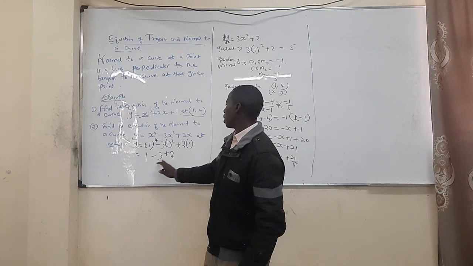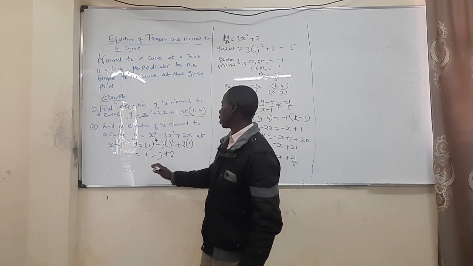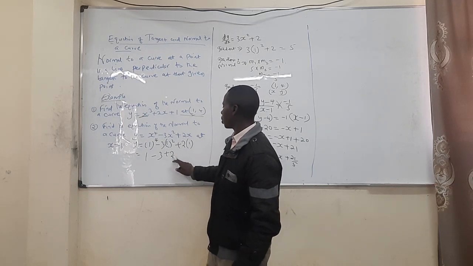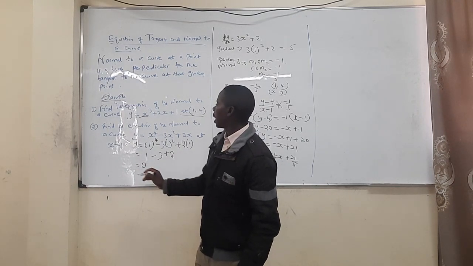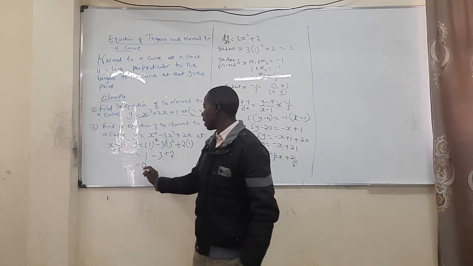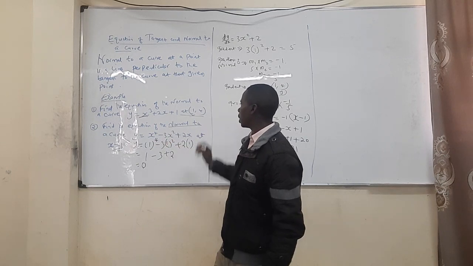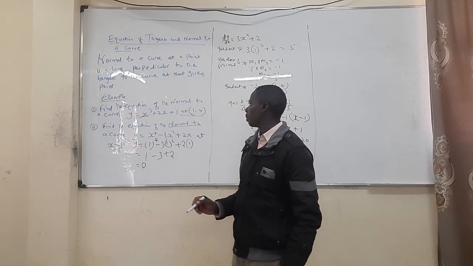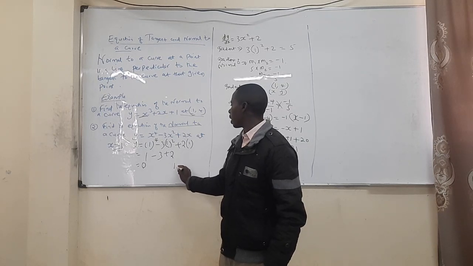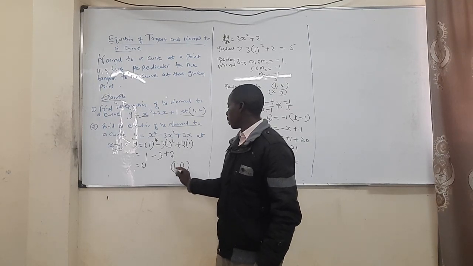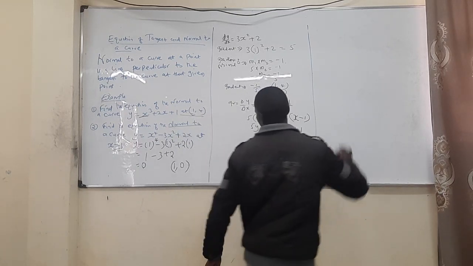So 1 minus 3 plus 2, that is minus 2 plus 2, which gives 0. So when x is 1, y is 0. So the coordinate through which the normal is passing is the point (1, 0).